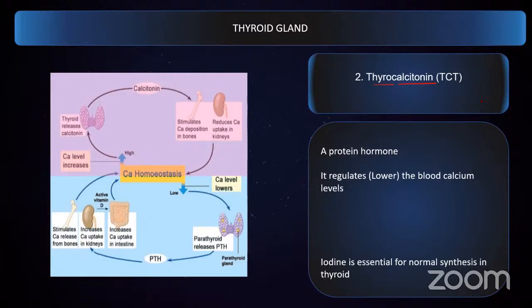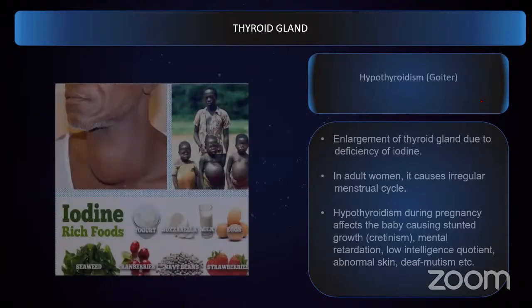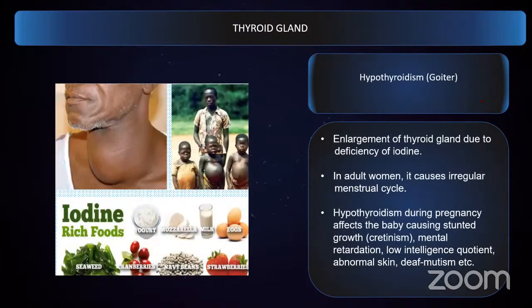Whenever there is a deficiency of iodine in our diet, it leads to a condition called goiter. Goiter is a condition where, because of the deficiency of iodine, the thyroid gland starts swelling up. Because of this, there is less production of thyroid hormones.